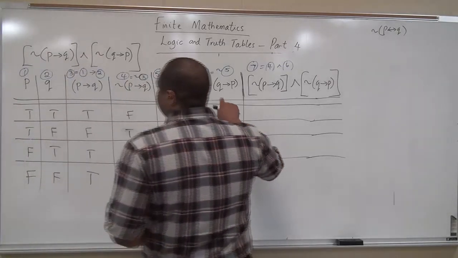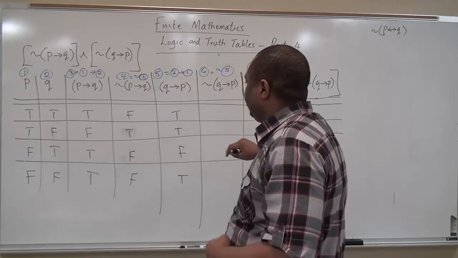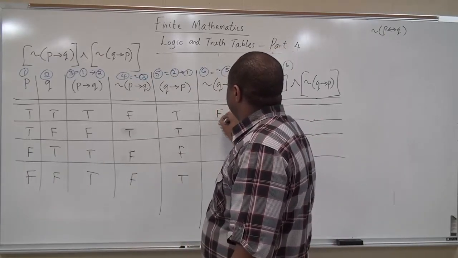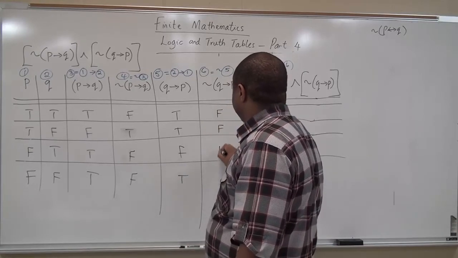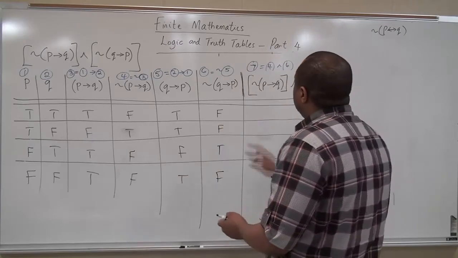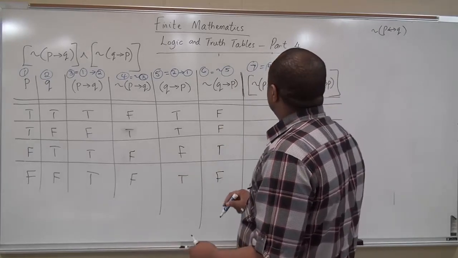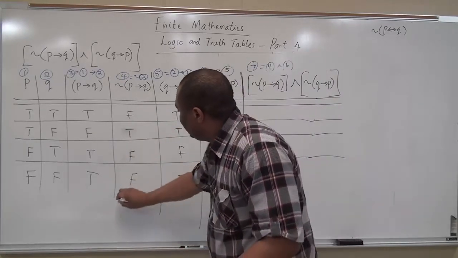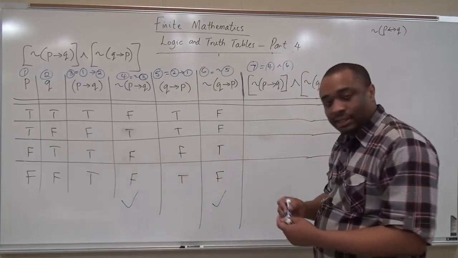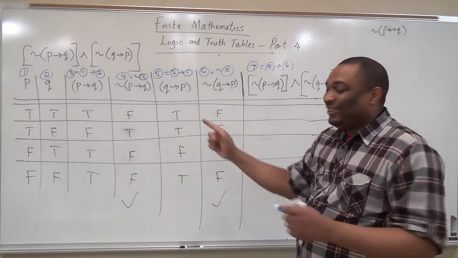Now the negation is negation of T is F, negation of T is F, negation of F is T, negation of T is F. Alright, so now this last one, this is what I'm looking at now. I'm looking at this and this, so that you don't make mistake and look at another column.